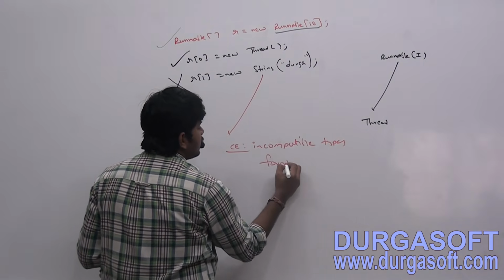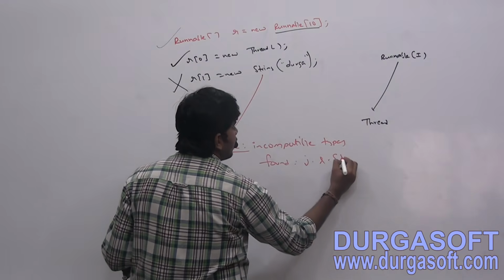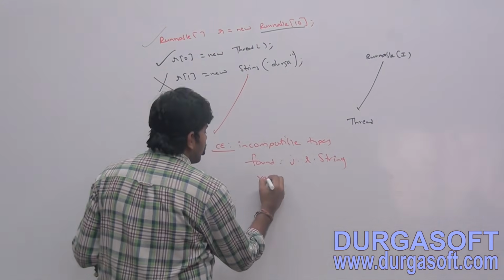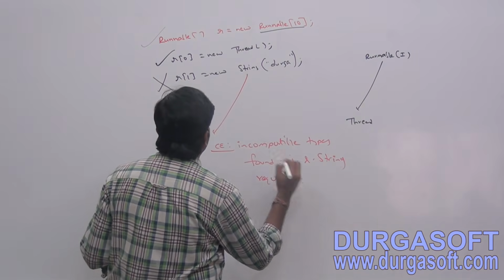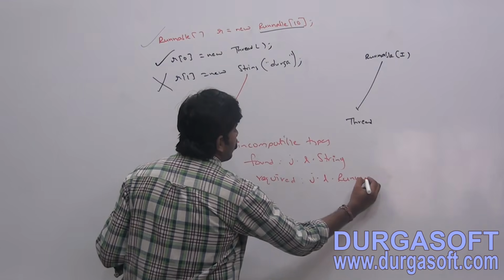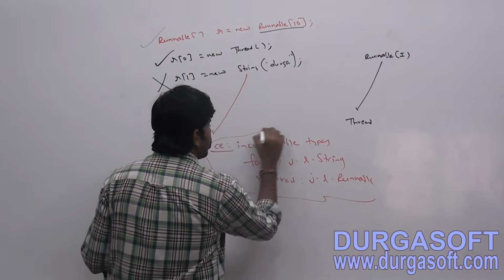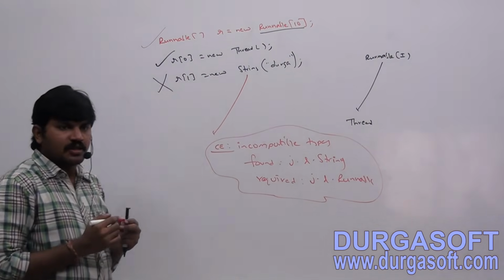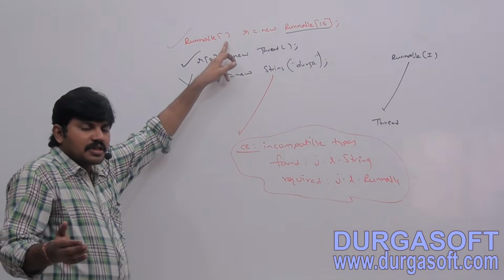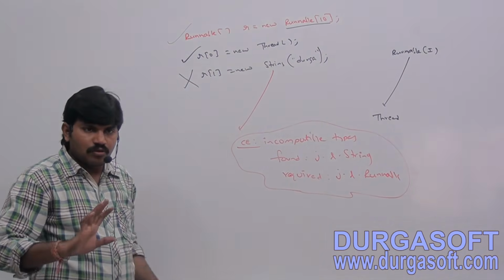Found: java.lang.String, required: java.lang.Runnable. I hope it is clear for all of you. Okay, if it is an interface type array, its implementation class objects are allowed, no problem at all.